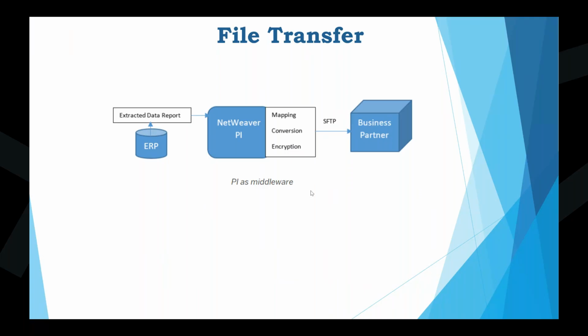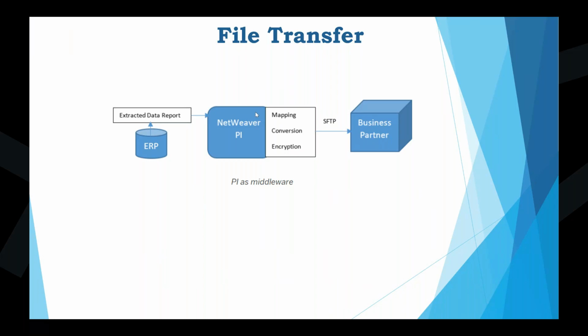We are not sending directly to the business partner; we send to the PI system, where the mappings and conversions happen based on the requirements posted by the third-party system. What is the role of the PI middleware? If you want to do field mapping between source and destination, you can do it in PI.